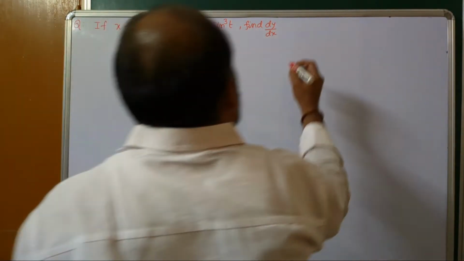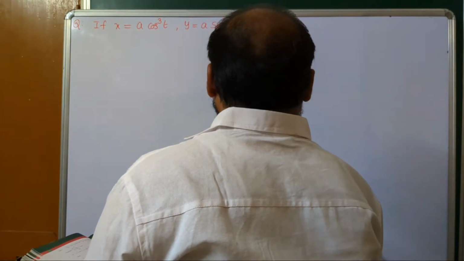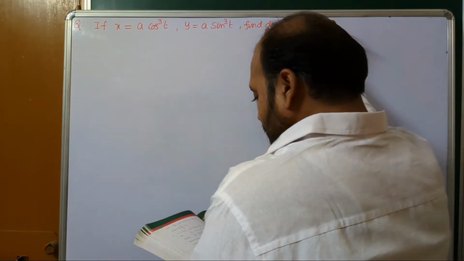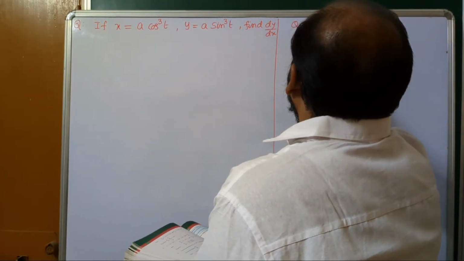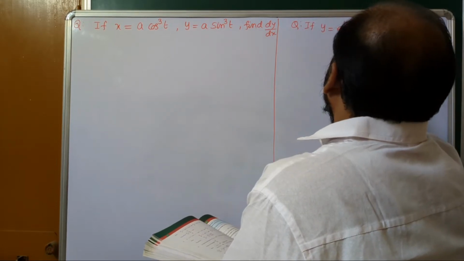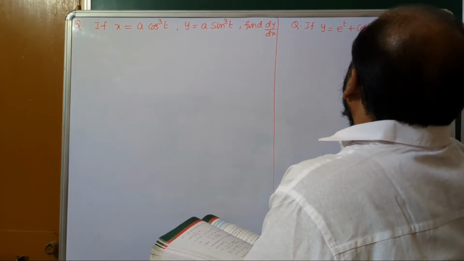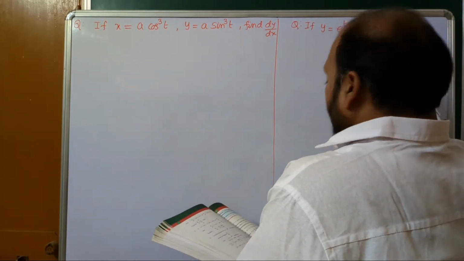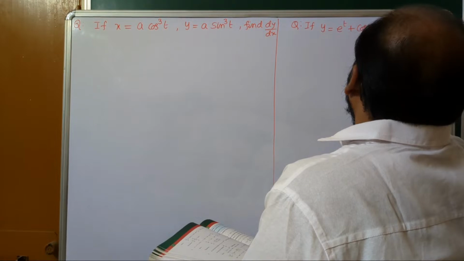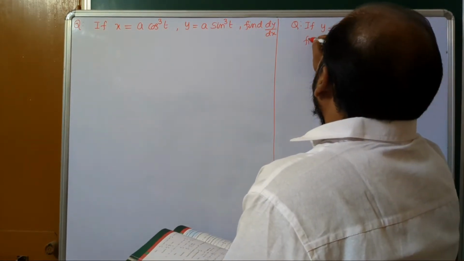In the very next question, if y equal to e power t plus cos t, and x is equal to log t plus sin t, find dy by dx.